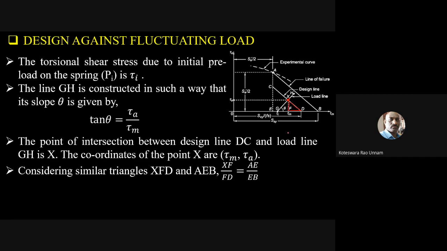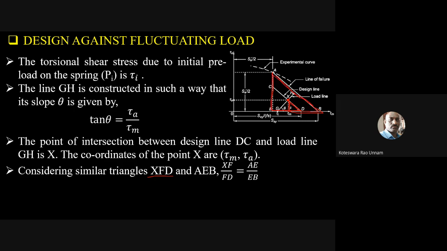This is one triangle. So what is this triangle? XFD. Then AEB. This is another triangle. If I use the properties of similar triangles here, this is one smaller triangle which is inside this bigger triangle. This is the bigger triangle.